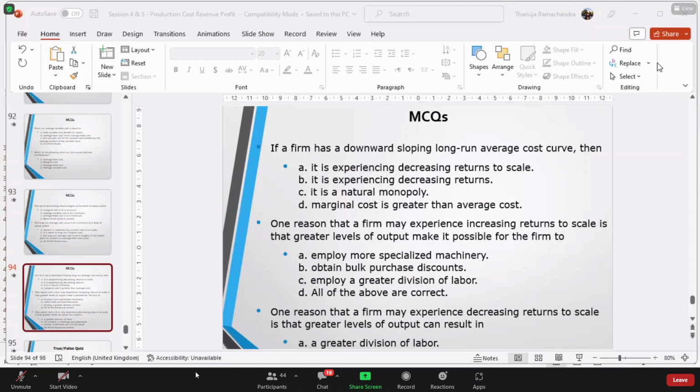There is something wrong with this question. Natural monopoly means monopoly, downward sloping, long run average. There is a curve: the long run average and marginal cost curve. Can you check that? Which one?